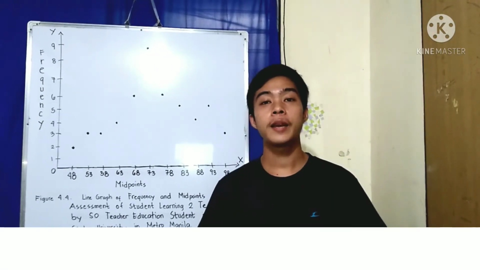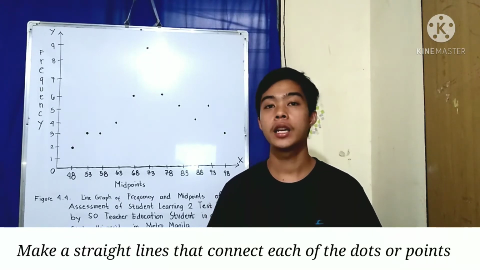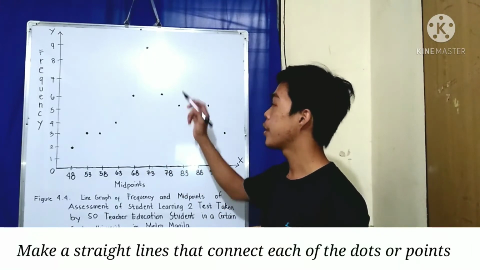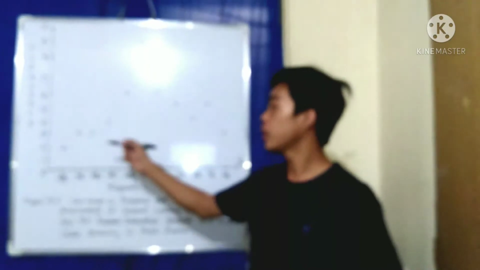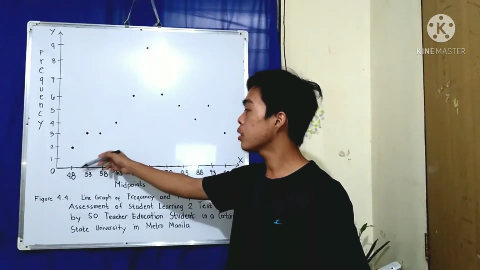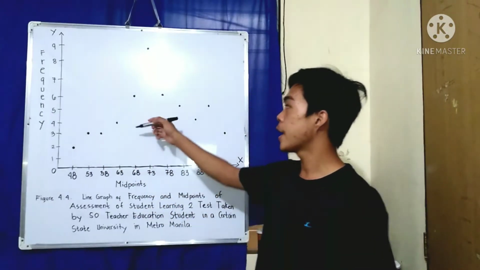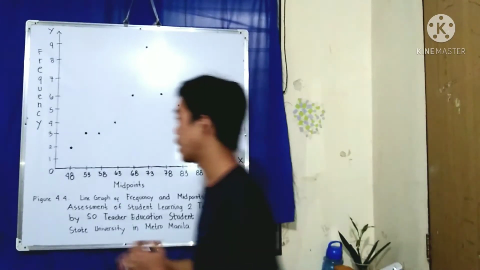The next step is to draw a line that will connect the plotted points to the neighboring points. So let's start at the midpoint of 48 and the frequency of 2, and we will draw lines. You will just connect the plotted points by straight lines, just like this.